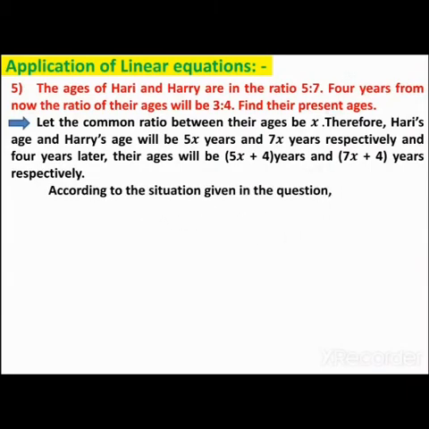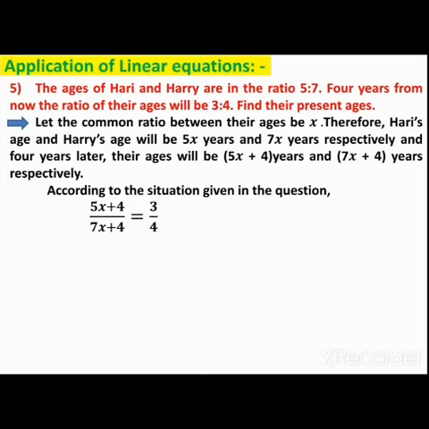According to the situation given in the question, (5x + 4)/(7x + 4) = 3/4. Now take cross multiplication. 4 multiplied by (5x + 4) = 3 multiplied by (7x + 4).